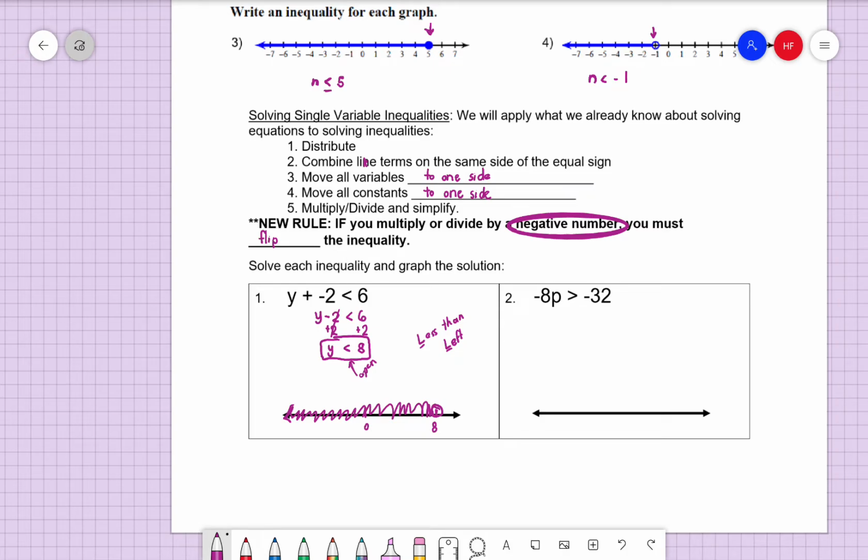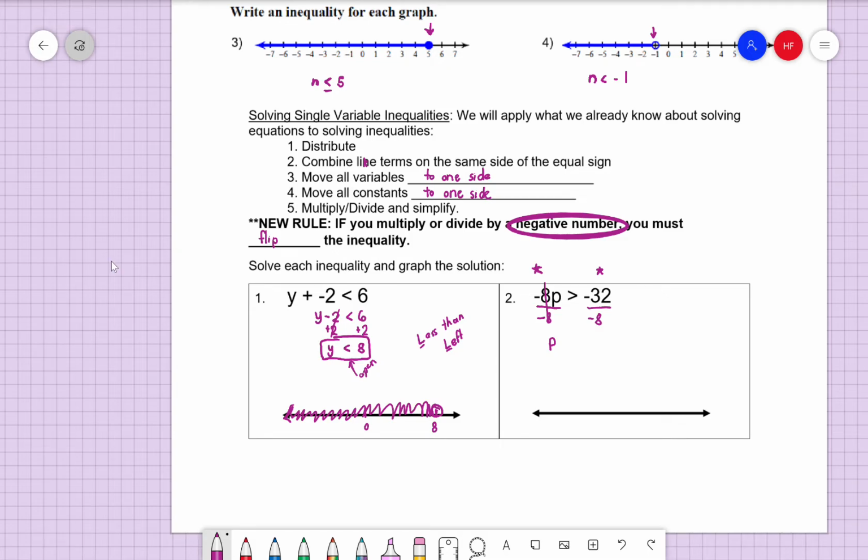The next one says negative 8p is greater than negative 32. I want to get p by itself, so I'm going to solve it the same way I would solve an equation, by getting rid of that coefficient. So I'm going to divide it out, p, and this is one of those special cases where we have to flip the inequality sign.